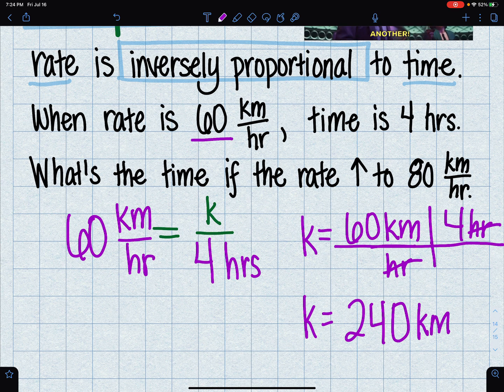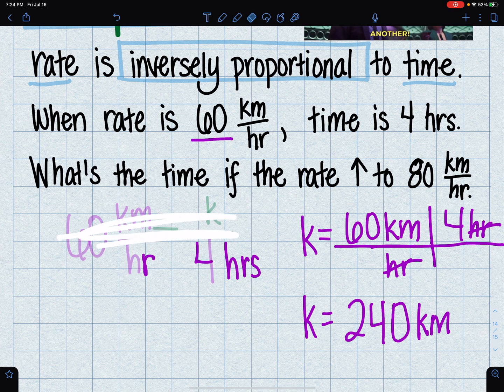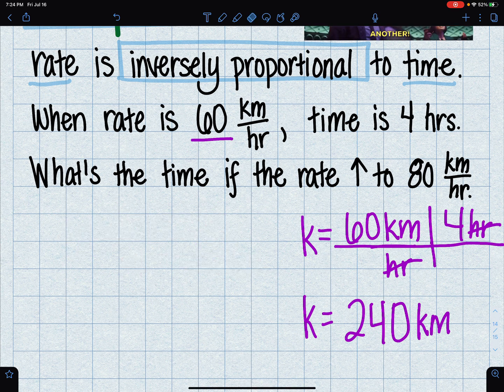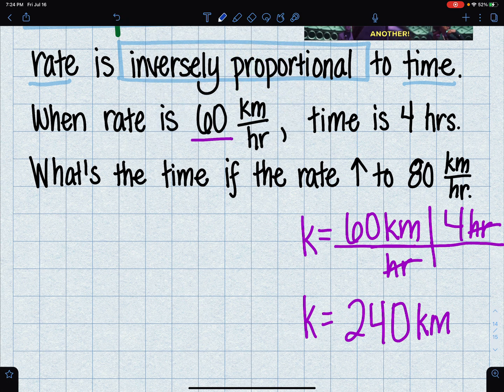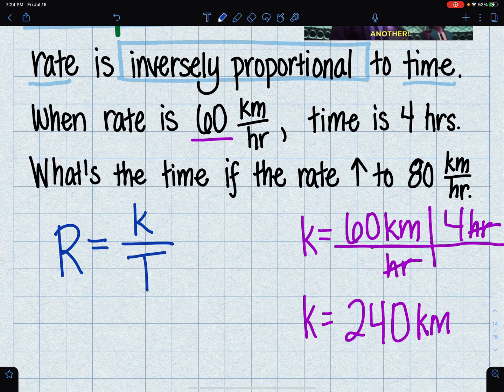Now, we're going to write that original equation again, because then they're going to give us the next bit of information. The original equation was rate is inversely proportional, so it's K over T. Now we know that K is 240 kilometers.